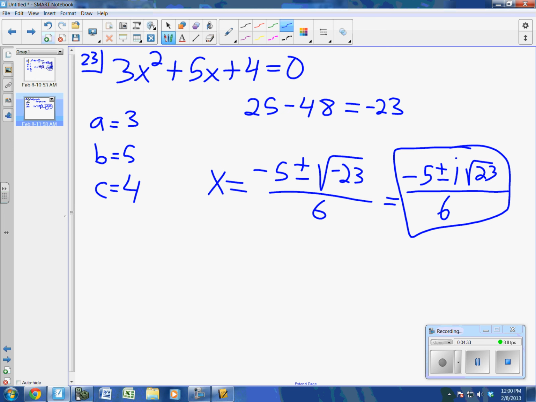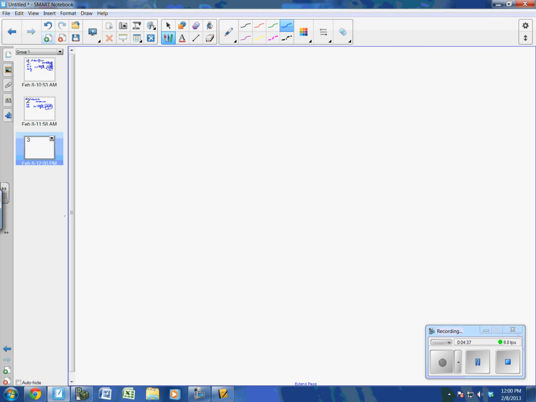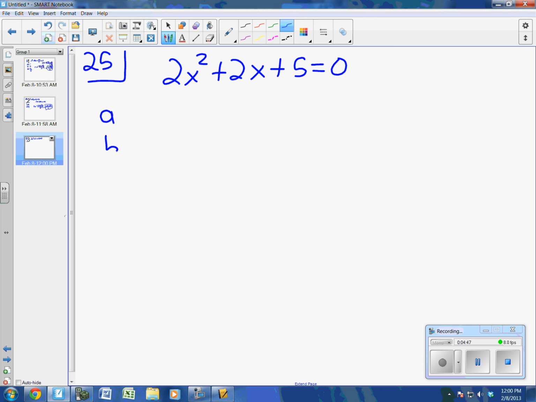We can do 25. Let's see how you did on number 25. Here we go. 25. We have 2x squared plus 2x plus 5 equals 0. What's A, B, and C on this one? 2, 2, and 5.